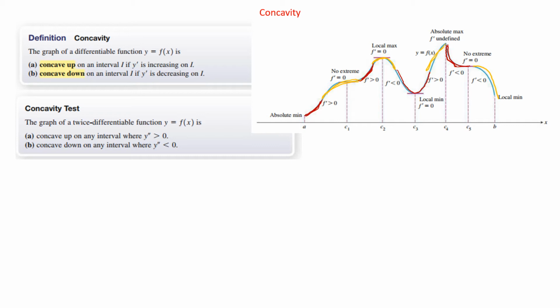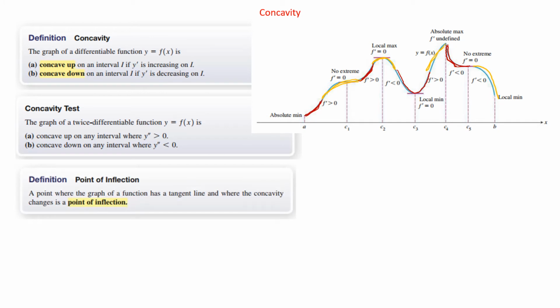We look at these the exact same way we look at increasing and decreasing with the first derivative. We find the zeros, which are the possible points of inflection, kind of like zeros are the possible maximums and minimums for a first derivative.